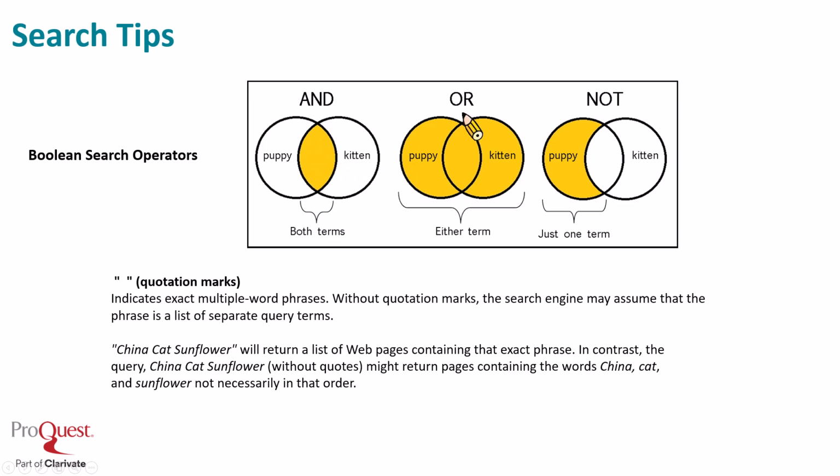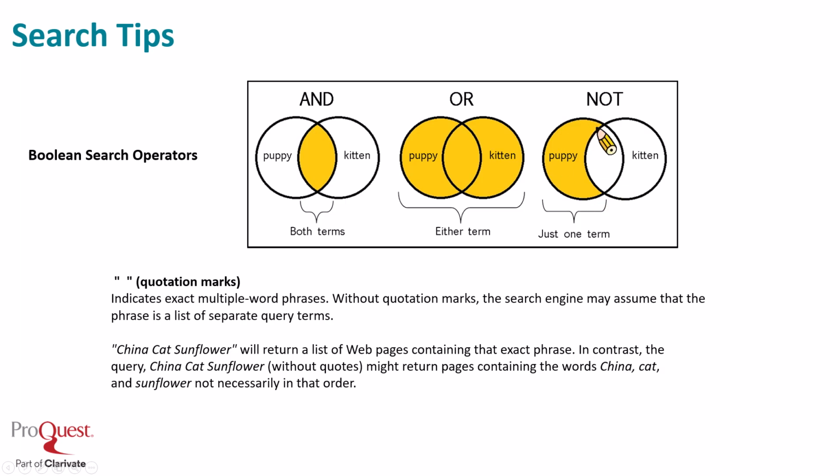If we use OR, that means either one's fine, so you get a lot of search results. If I use puppy NOT kitten, so only puppy, I don't want anything related to kitten. So even though this area contains the keyword puppy, because I said I don't want kitten, it will also be excluded.